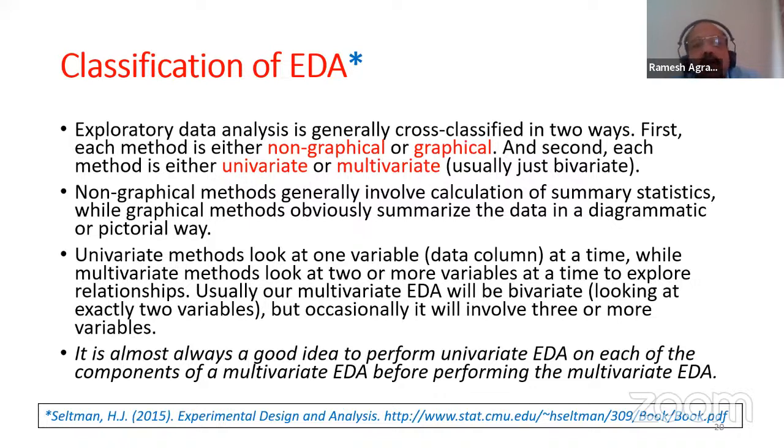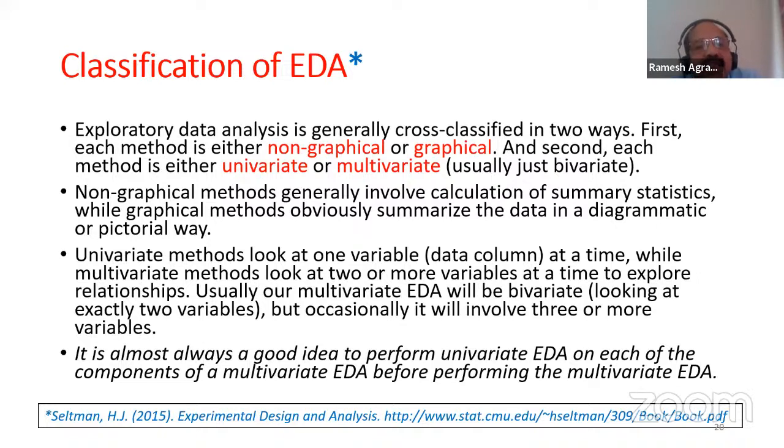When you talk about non-graphical methods, in general you give some kind of statistics of the data: the mean, the median, the mode, standard deviation, minimum value, maximum value, interquartile range, percentile. All these are used for summarizing the data.